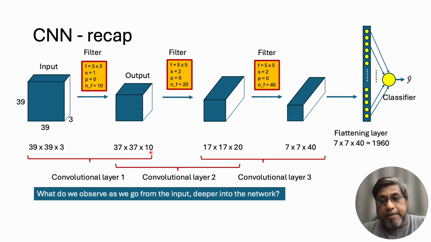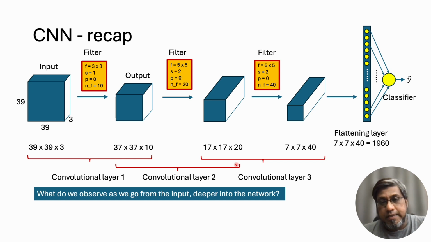At the output of the second convolutional layer, the 10 channels have been converted to 20 channels, and then in the subsequent layer that has become 40 channels. So basically what we see is that the width and height become smaller and smaller as the input image passes through the convolutional layers, and the depth of the image, that is the number of channels, increases as it passes through the convolutional layers.